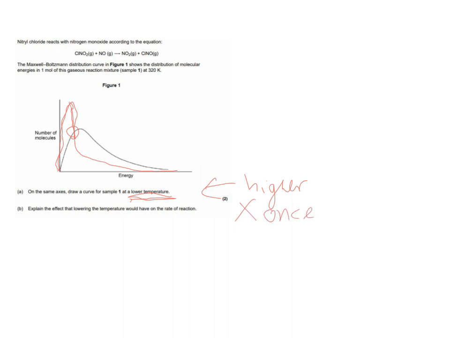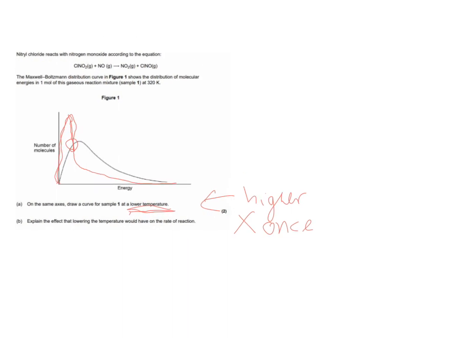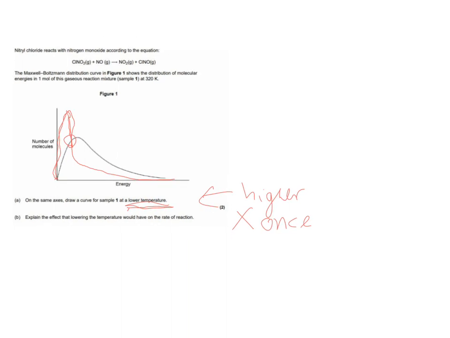For the second part of this question, explain the effect that lowering temperature would have on the rate of reaction. So the rate of reaction would decrease. Now you don't get a mark for stating that, but it's worth stating that the rate would decrease.